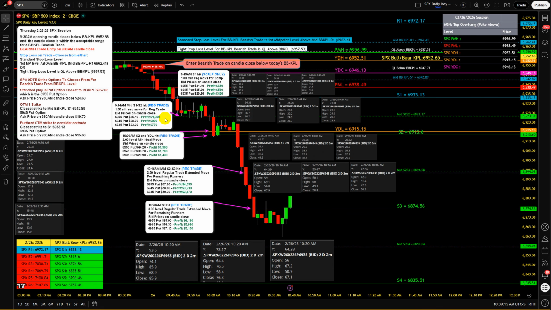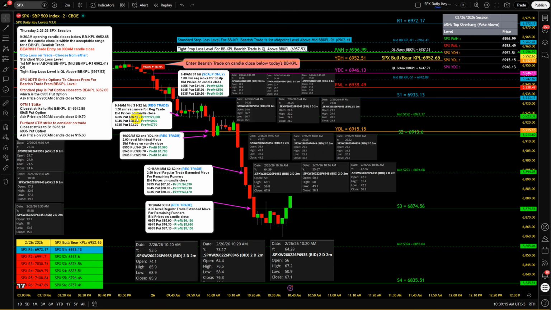But then you're keeping the rest as remaining runners to manage throughout the trade, going level to further key levels to start maximizing your profit on the remaining runners. So that is another option that you have with a regular trade if you're trading multiple contracts of 3 or more.